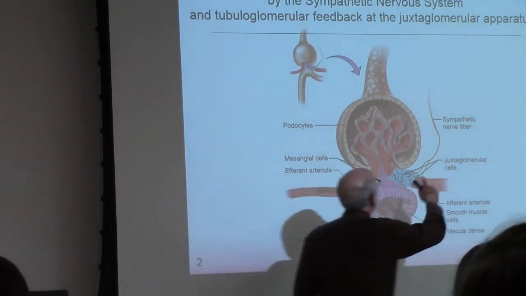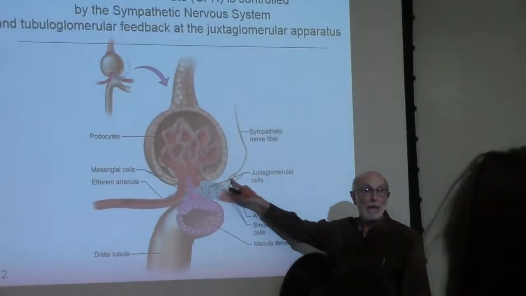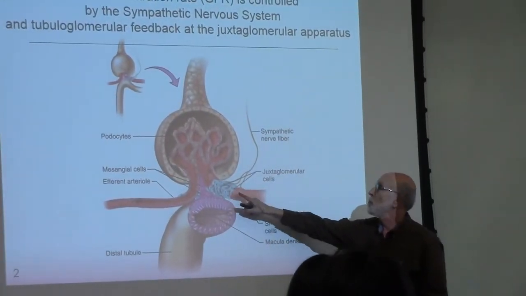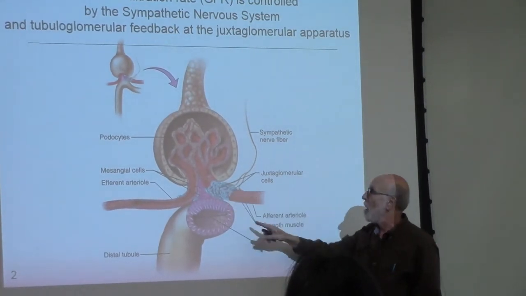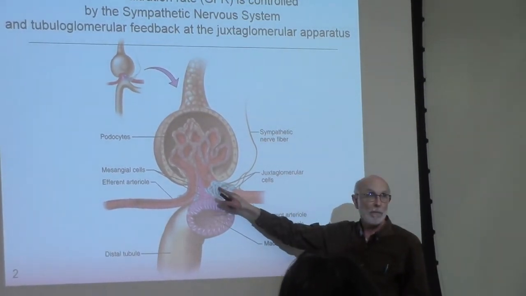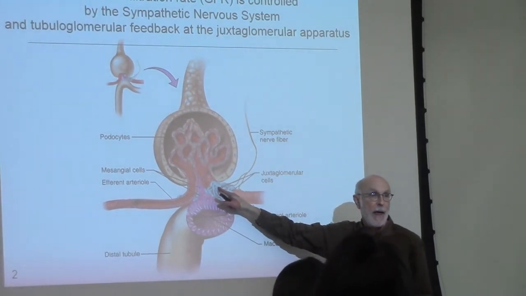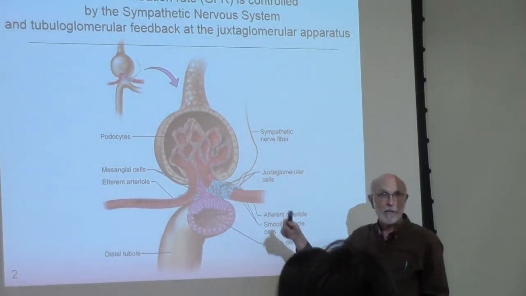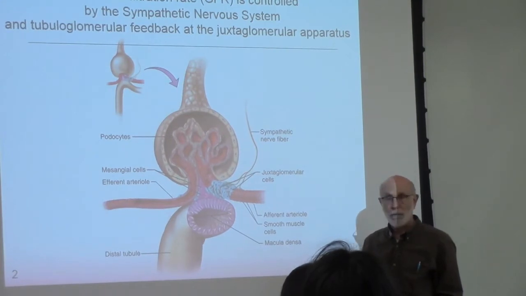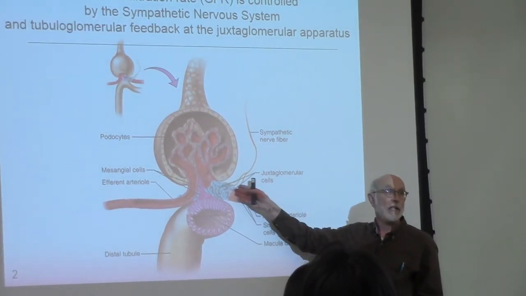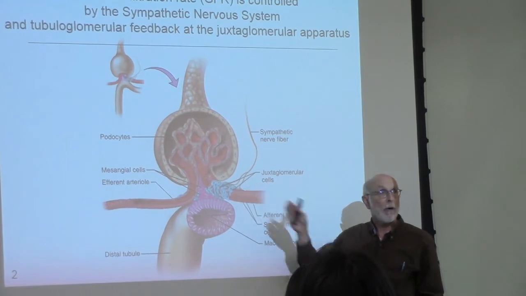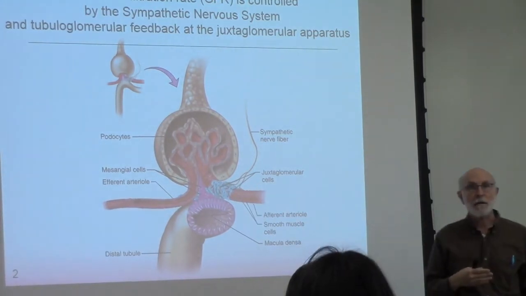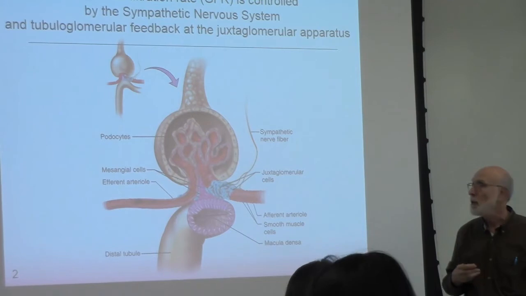The sympathetic nervous system innervates the smooth muscle cells and the juxtaglomerular cells of the afferent arteriole, and especially by its innervation of smooth muscle, controls the diameter, the constriction or dilation, of the afferent arteriole, which, you know, theoretically can influence the glomerular filtration rate.